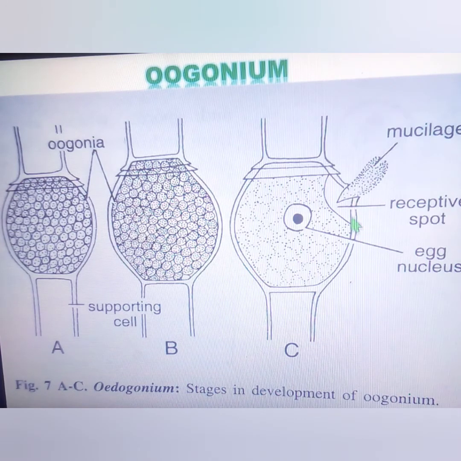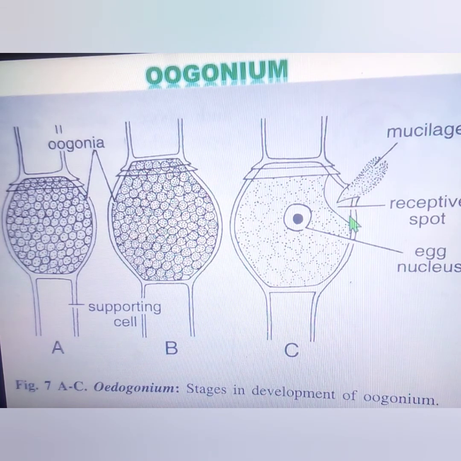Now just opposite to this slit, you can see here a hyaline area is present in the egg, and this hyaline area is known as the receptive spot, because when the antheridia or the male gamete enters, it will enter through this slit.